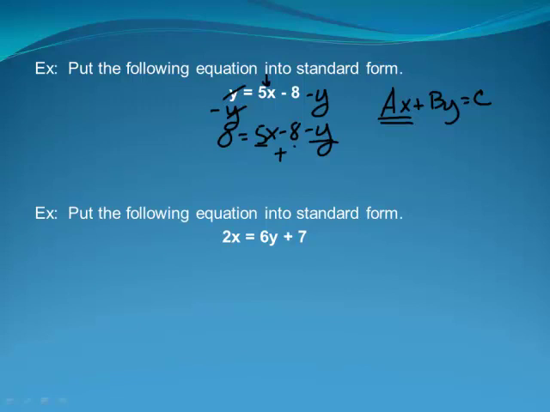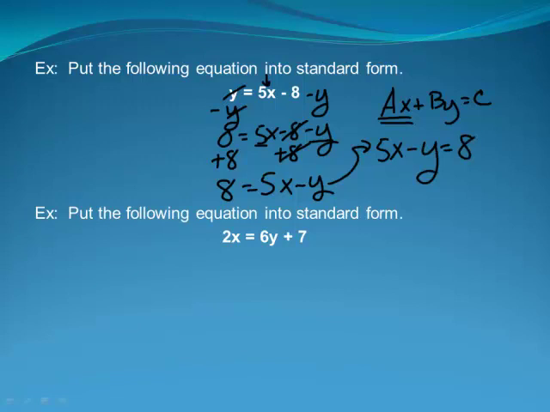I want to move my constant to the other, so I'm going to add 8 to both sides. And now I have 8 is equal to 5x minus y. That is standard form. If you really want the x and the y to be on the left, though, you can just flip the entire equation around and rewrite it 5x minus y is equal to 8. Same thing, I just flipped the equation over. That is considered standard form.